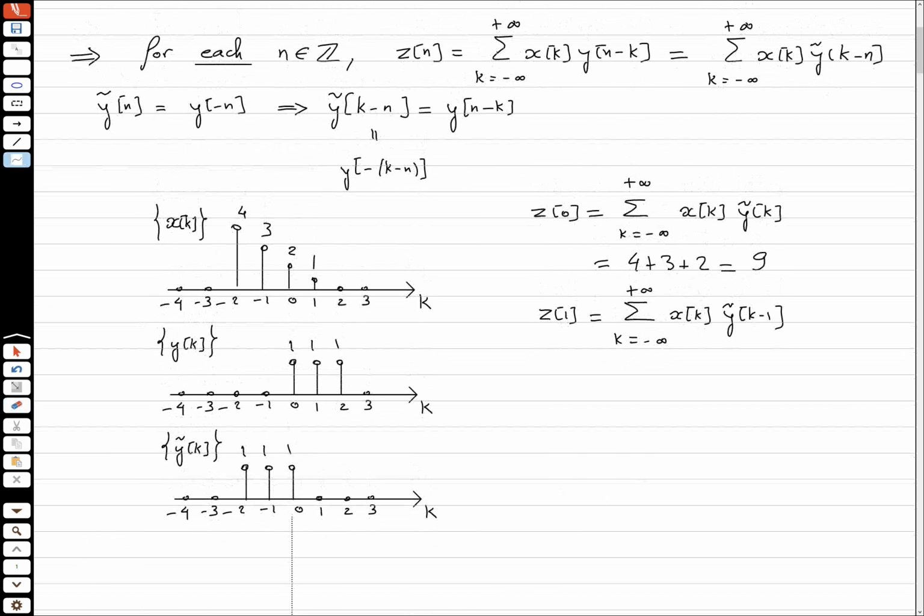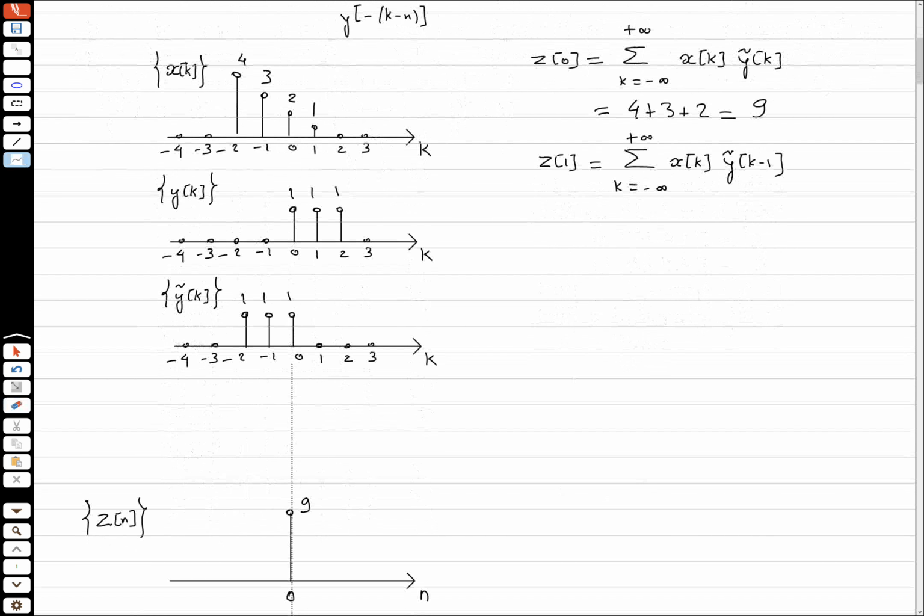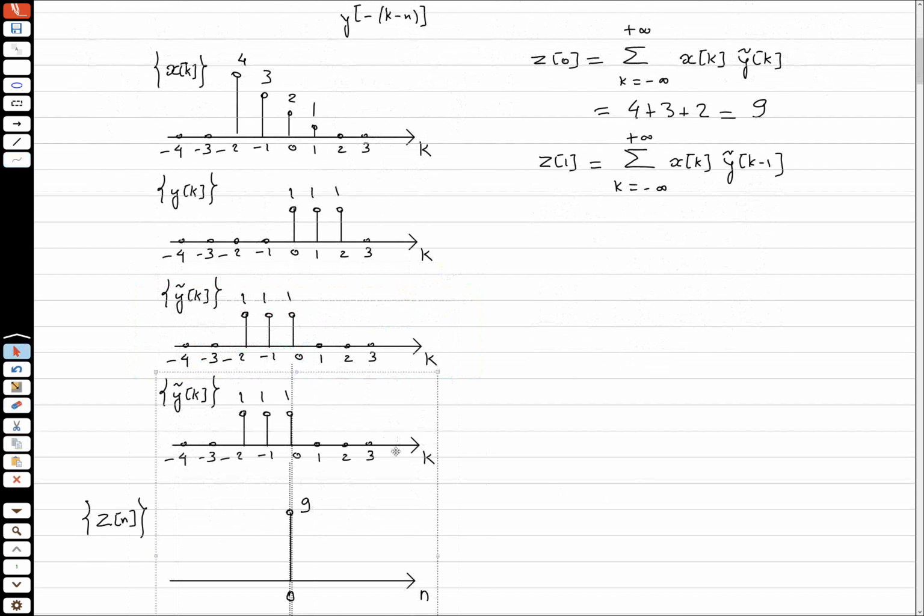So you need to plot the shifted version of this by 1, which is very easy.